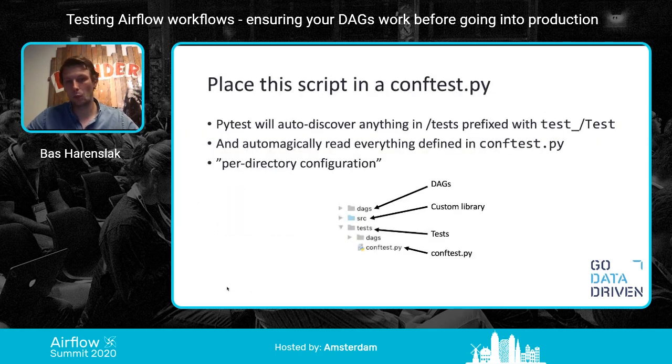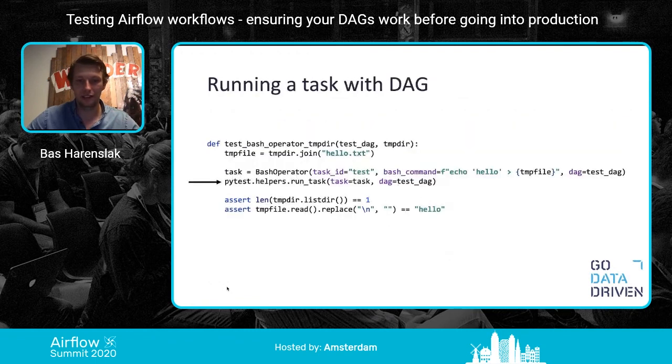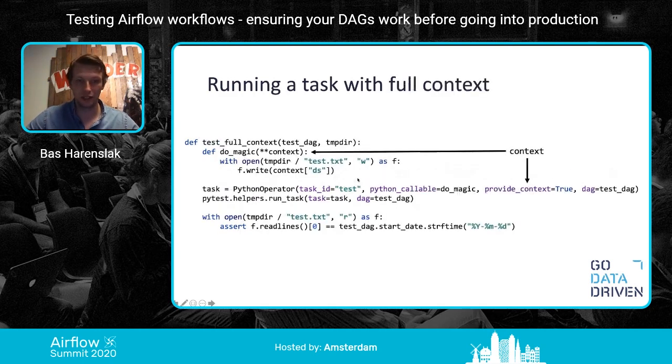So that's why I have this helper function that I can use to run a task and then assert if it really worked. So here's an example. I have the Python operator. I provide context equals true. This ensures that the context is generated for this Python operator and given as keyword arguments to this variable called context.